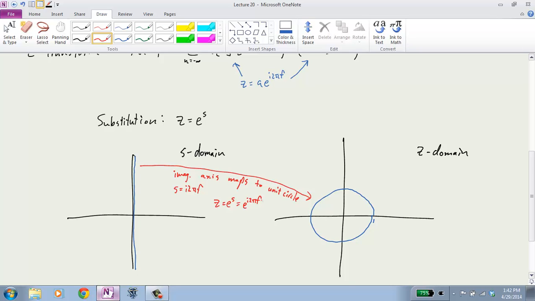And the phase of e to the i2πf is what? So the magnitude is 1, and the phase is just 2πf. Okay, this is the polar notation for complex numbers. Magnitude of 1 is just implied out front, and you always have e to the i phase.